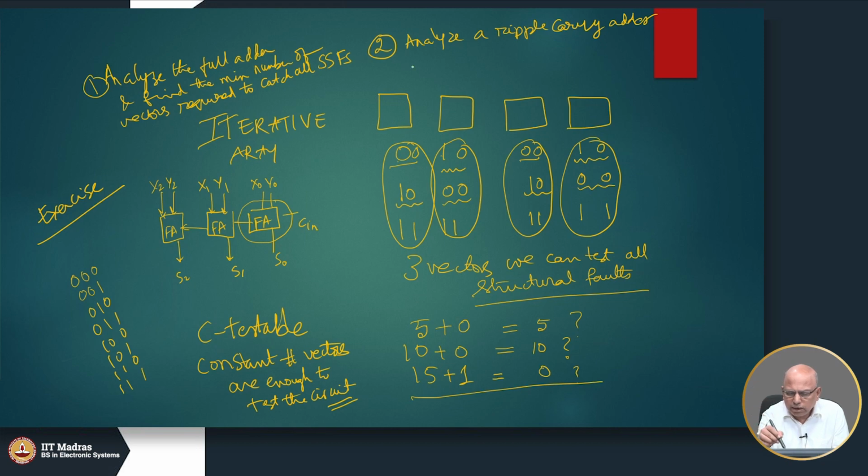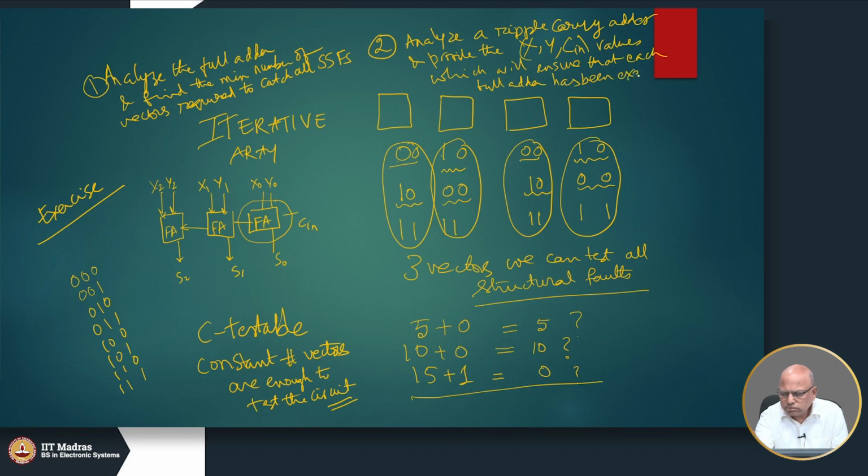Analyze the ripple carry adder and provide the x, y values which will ensure that each full adder has been exercised with all the vectors found in step 1.